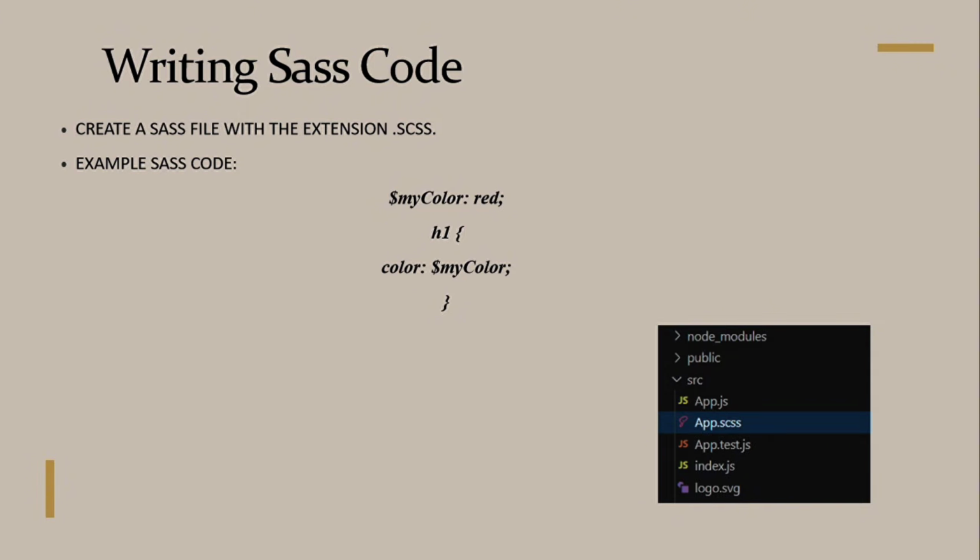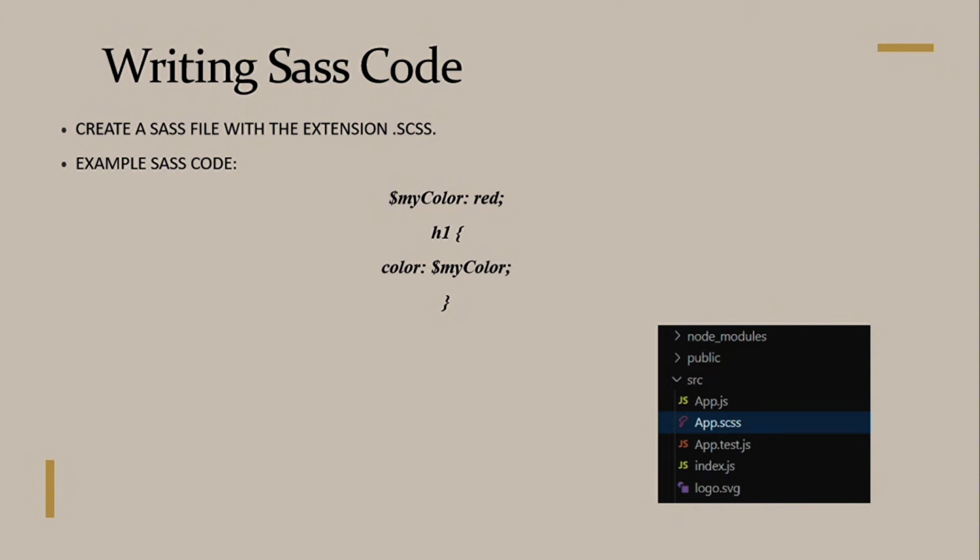So we have a variable called myColor, and that stores the color red here. What is better in Sass is that having a variable makes changing the color later much easier. We just need to update the variable rather than searching through the whole style sheet.